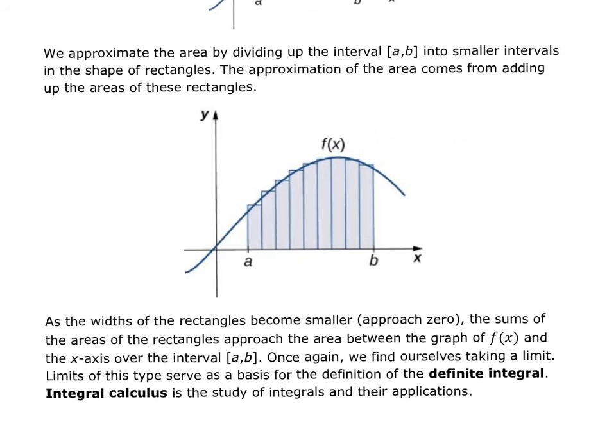So what we're going to start out with is taking our curve and breaking it up into rectangles, and then finding the area of each one of those rectangles and adding them up, and that's going to approximate the area underneath the curve. We will start out with this part here, which is breaking it up into rectangles, and then we will do the actual integration when we can.